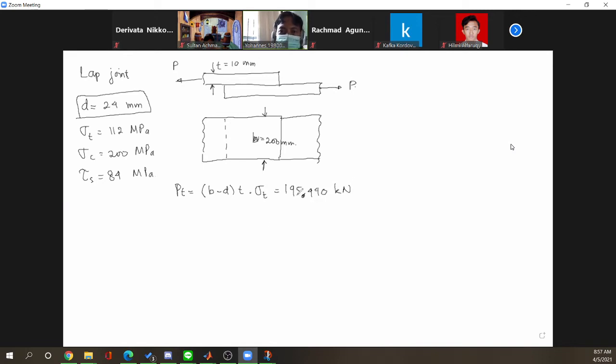Okay. So 195.44 kilonewton. And how about the shearing load capacity for the single lap joint? Here we have the shear area.